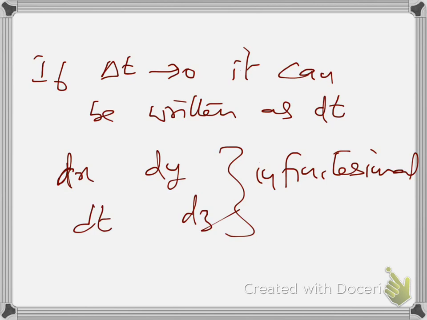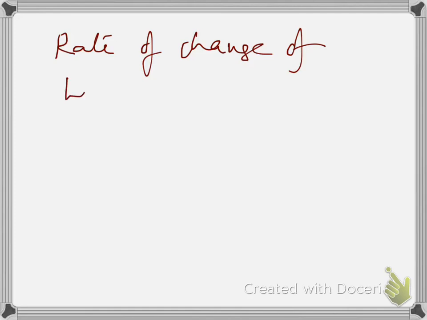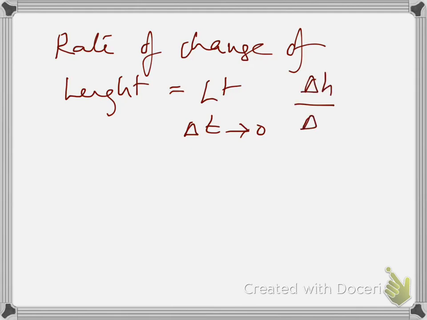Okay, now coming back to our definition, so rate of change of height, we wrote it as limit delta T tends to 0. Without the limit, please note it is only average rate of change in height by change in time.